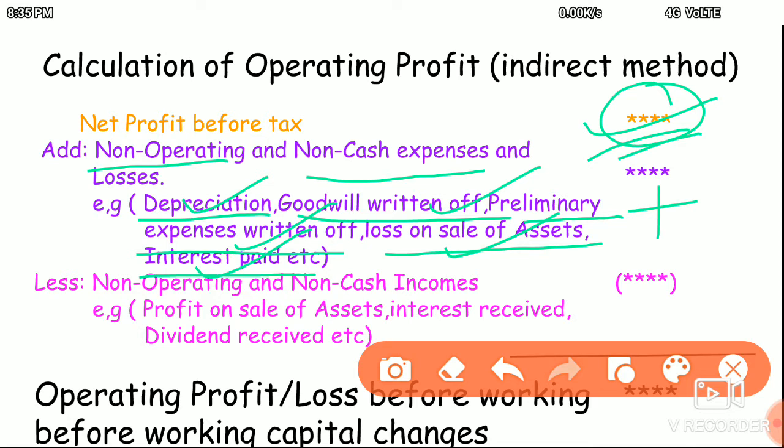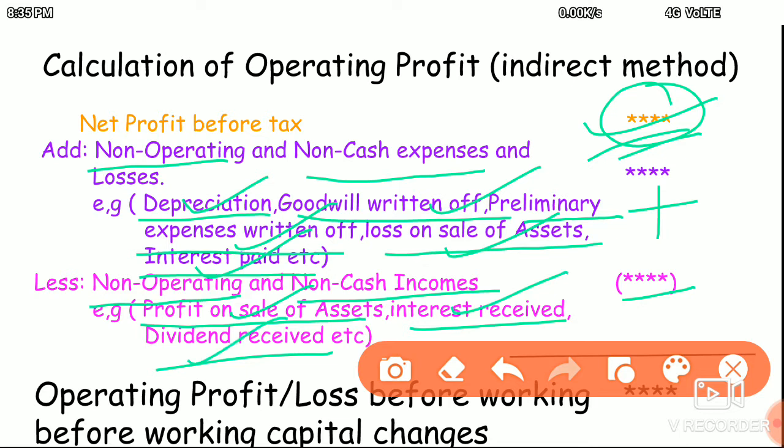Similarly, if on the income side we have any non-operating or non-cash incomes, which will actually increase the profit, we are going to deduct them. Examples are profit on sale of assets, interest received, and dividend received. These are all non-operating items.